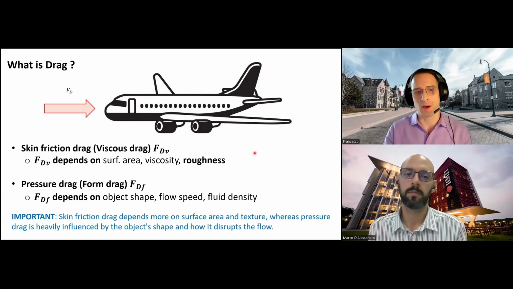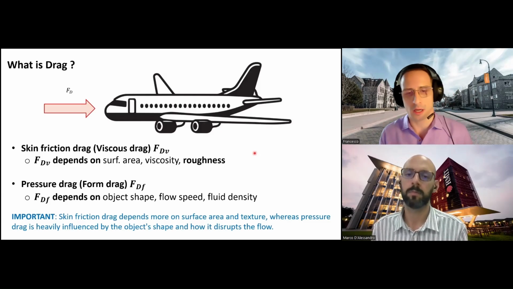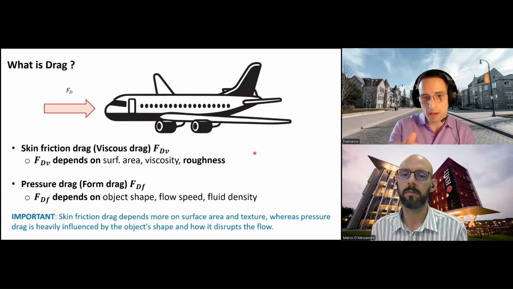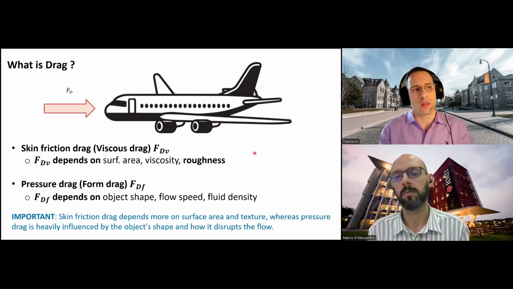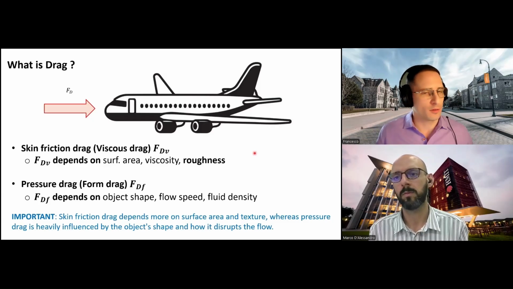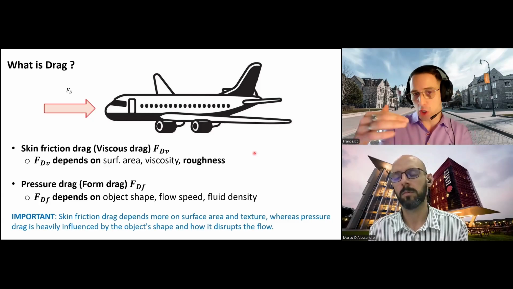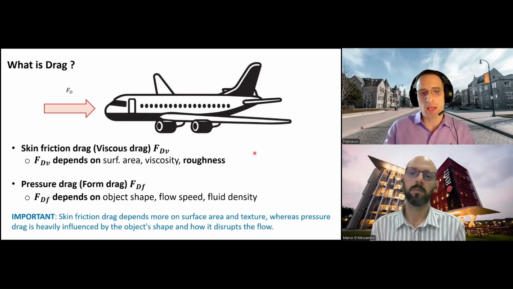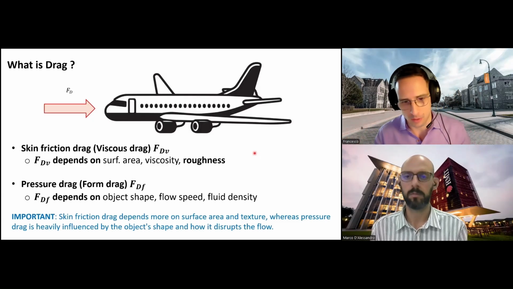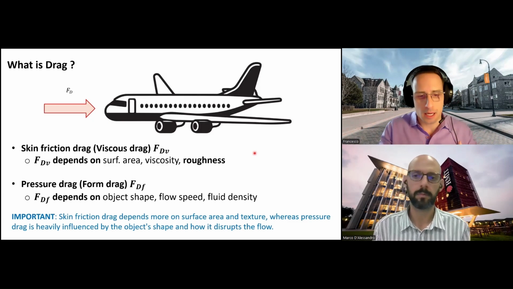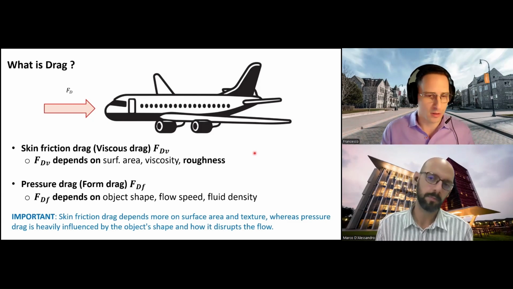You might think of, for example, a very blunt body disrupting the flow way more than a very slender and streamlined body. Therefore, the form drag of a cube, for example, is way larger than the form drag of a flat plate. Okay, so it has to do with how this object disrupts the flow.